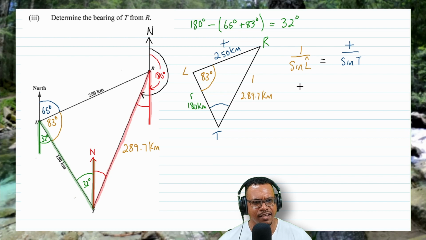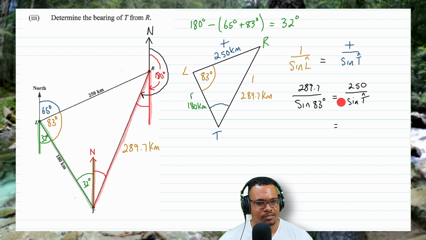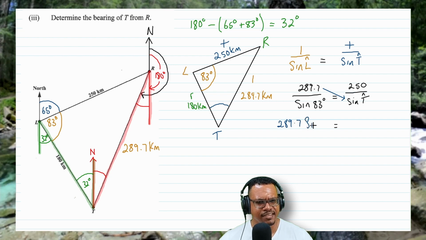So now putting in values, common L is 289.7 over sine capital L, which is 83 degrees. And that's equal to common T, which is 250, over sine capital T, which is what we want to find. So what I'll do now is cross multiply. I'll multiply this 289.7 by sine capital T, and that will give me 289.7 sine capital T. Then I'll multiply the sine 83 by 250, and that will give me 250 sine 83 degrees.